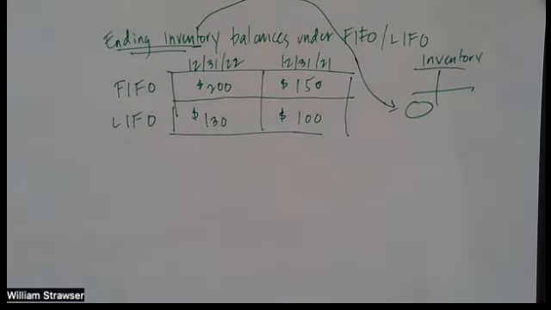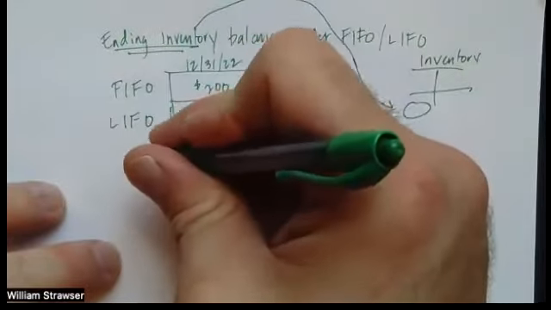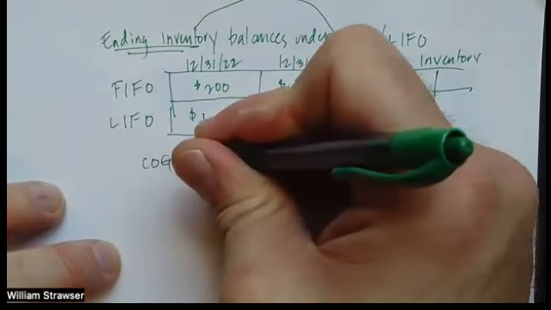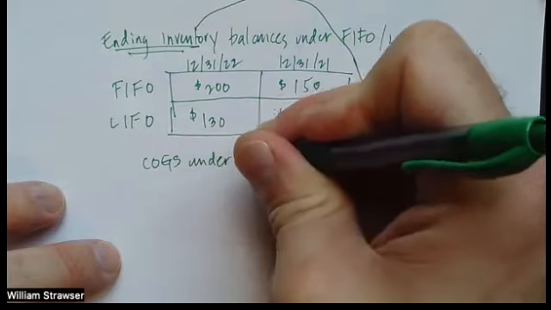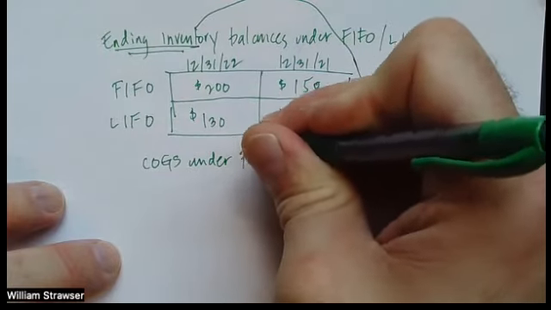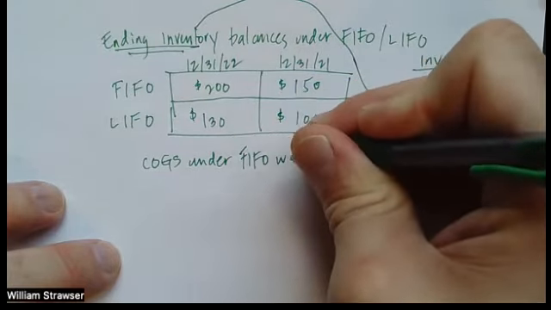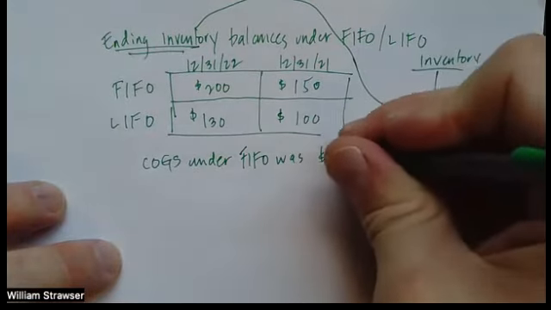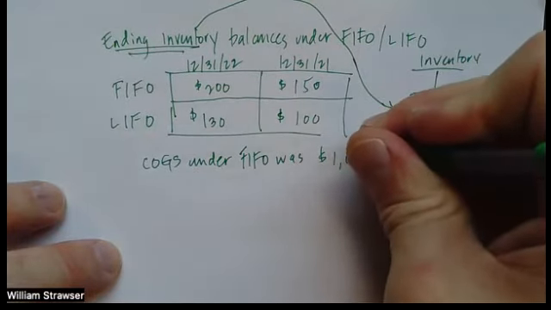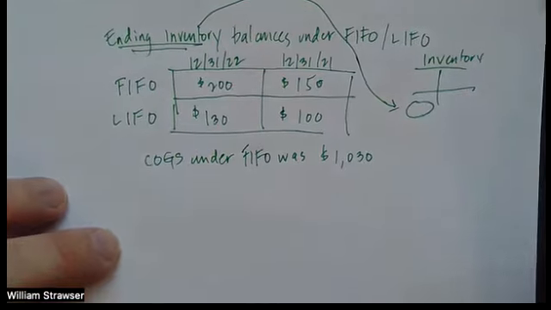So let's assume that cost of goods sold under FIFO was $1,030.